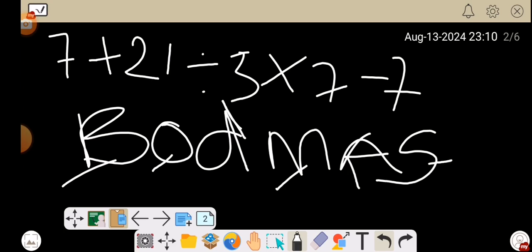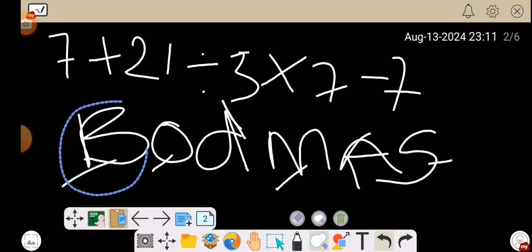Whenever you are given a complicated question like this, we should make use of this. The first thing is B, which is brackets. You should check in your question, have you been given brackets? If the brackets are not there, you go to the next thing. In our case, we will remove B because we have not been given brackets.